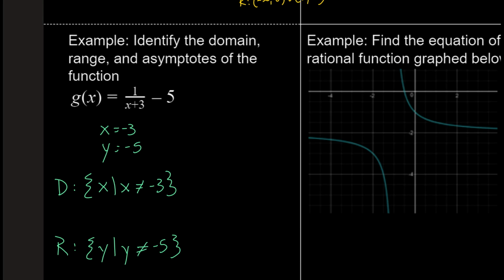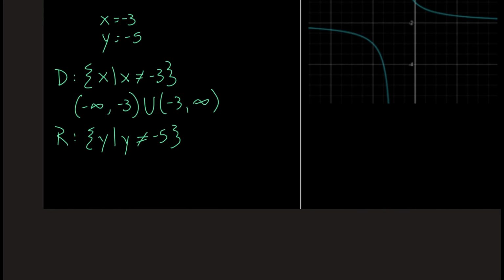Does anyone want to volunteer for the interval notation for domain? Go ahead. Bracket, then -infinity, comma, -3, close bracket, union, bracket, -3, comma. Beautiful, except technically these are parentheses. Brackets are those. But I knew what you meant. You would have written it right.